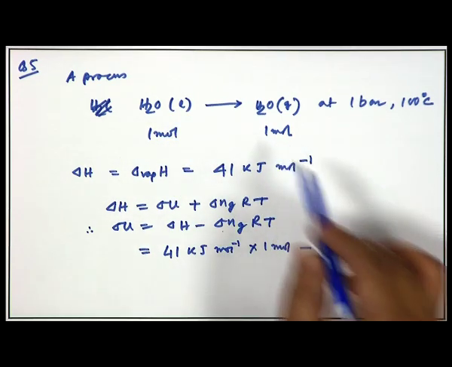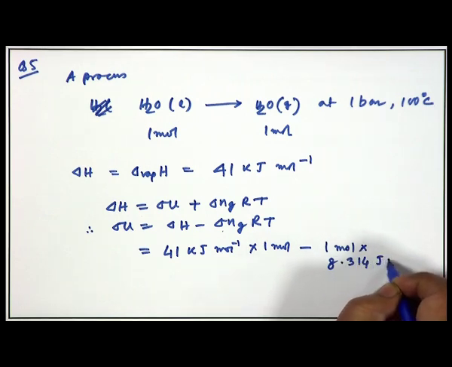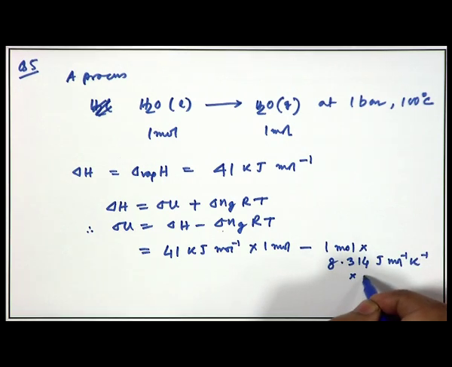So, 1 mole of gas is produced, into R, which is 8.314 joule per mole per Kelvin, into 373 K, since 100 degree centigrade is 373 K.